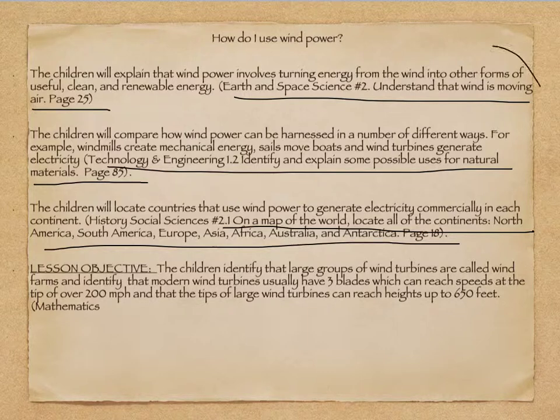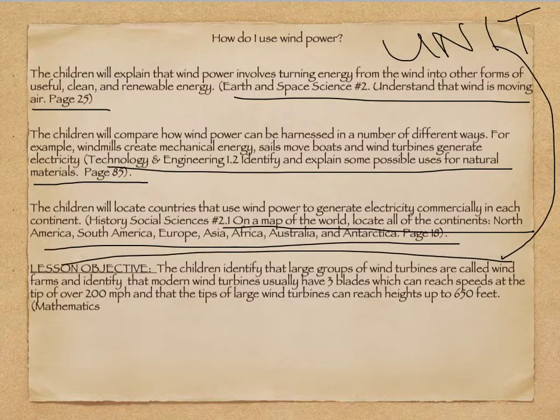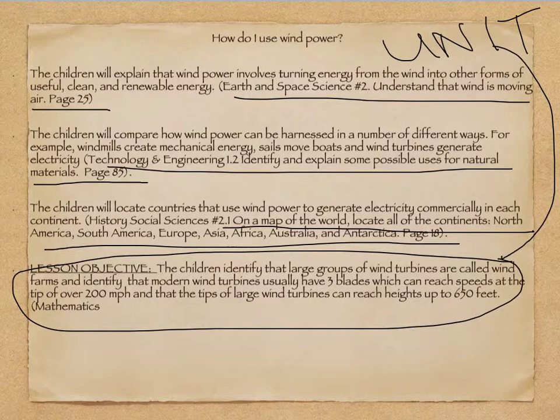So these 3 together are what I would teach in the unit, and then in one individual lesson, I might have this as a lesson objective, where the children would identify that large groups of wind turbines are called wind farms, and identify that modern wind turbines have 3 blades which can reach speeds of up to 200 miles an hour, and the tips of the large turbines are 650 feet.